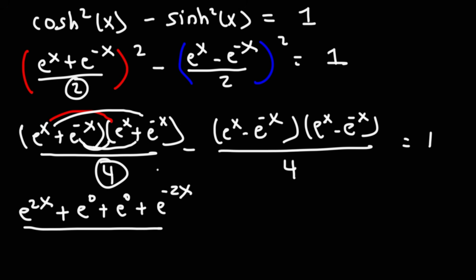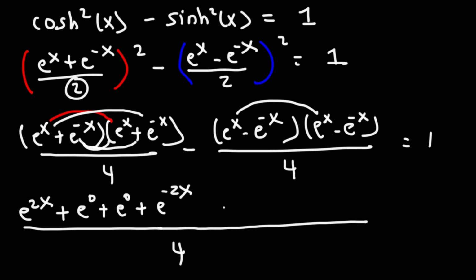Now, because we have the same denominator, we can combine it into a single fraction. Now here we have e to the x times e to the x, that's e to the 2x, but we have a negative in front, so I'm going to distribute that negative sign. These two, e to the x and e to the negative x, the exponents x plus negative x add up to 0, so we get e to the 0.